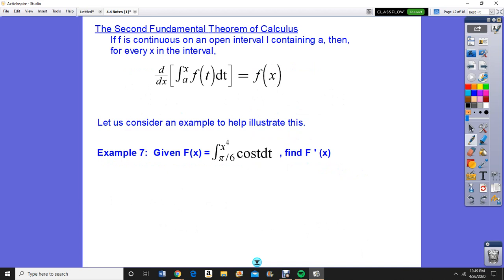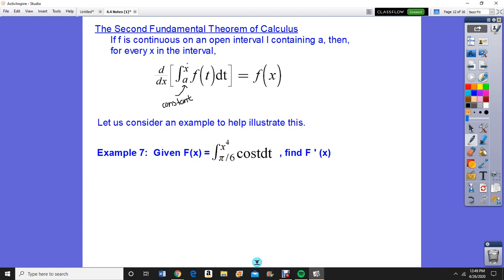So as we move into this second fundamental theorem of calculus, if f is a continuous function on an open interval I containing a, so again containing this constant, and again stressing this constant is going to be the lower bound to our function.